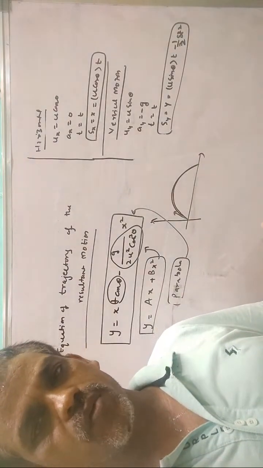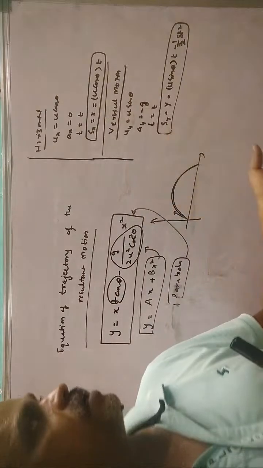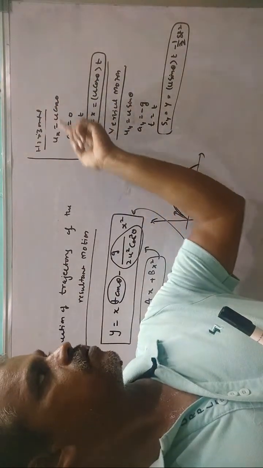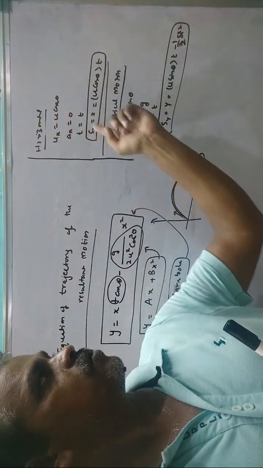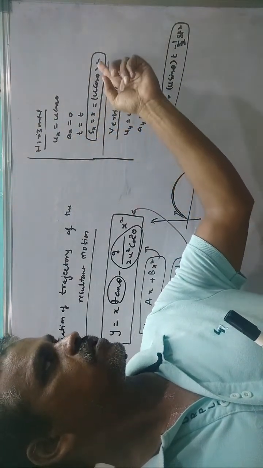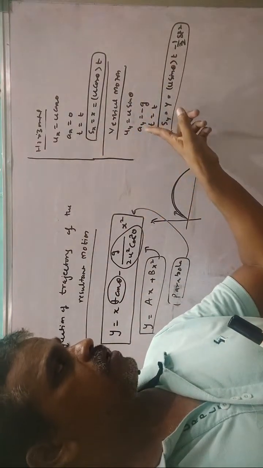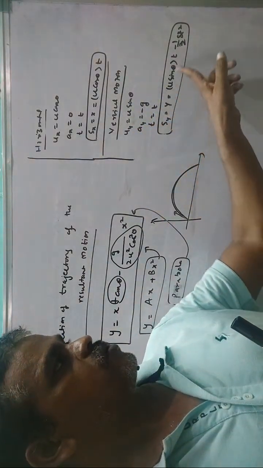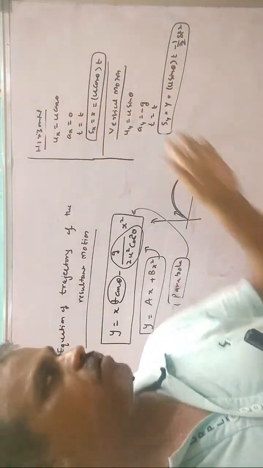So today I want to give this much information. See what we did here. Horizontally, component ux equal to u cos theta, ax equal to 0, so horizontal displacement is u cos theta into t. Vertically, uy equal to u sin theta, ay equal to minus g, so y equal to u sin theta t minus half g t square. This is vertical displacement.